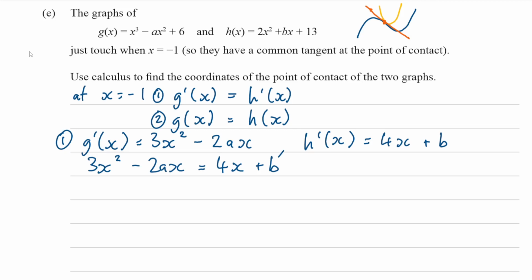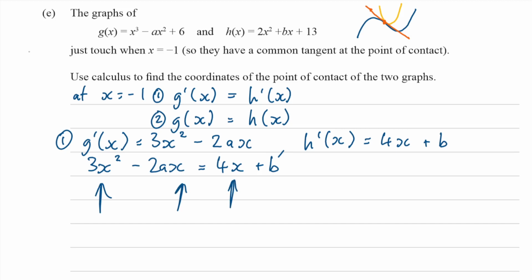However, we know that this happens at x equals minus 1, so let's substitute in minus 1 for x. Actually, we could have done it here, which might have made a bit more sense, but no harm's done. The reason what I've written doesn't actually make sense is because g prime of x isn't equal to h prime of x for all x values.